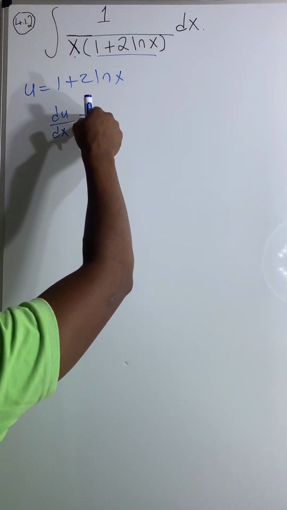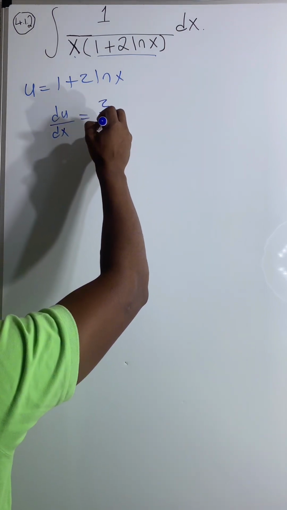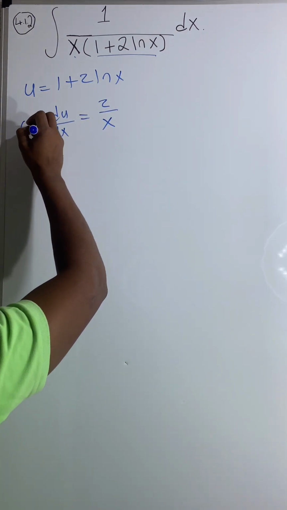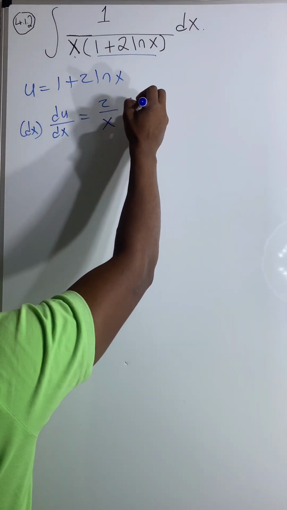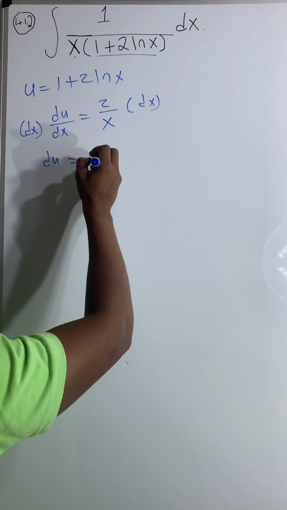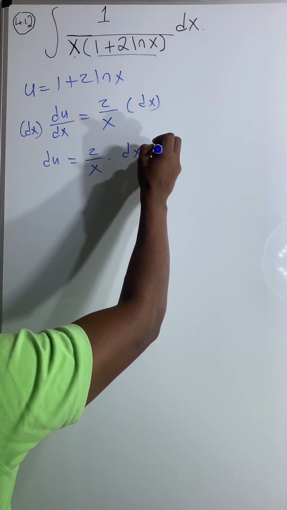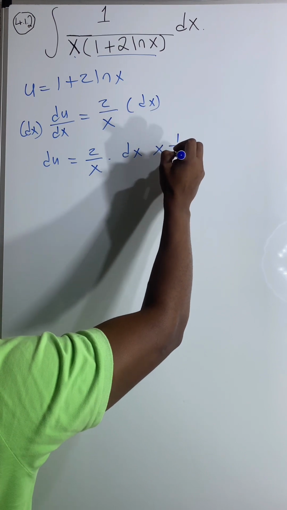Differentiating 1 gives us 0. Differentiating 2 ln x gives us 2 over x. We can multiply both sides by dx. Our du will be equal to 2/x dx, and multiplying both sides by 1/2.